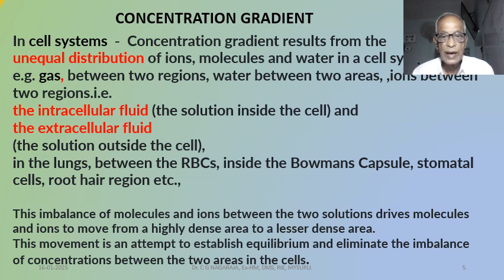Examples: gas between two regions, water between two areas, ions between two regions. It may be inside the cell or outside the cell. So between two cells, there may be a difference in concentrations.